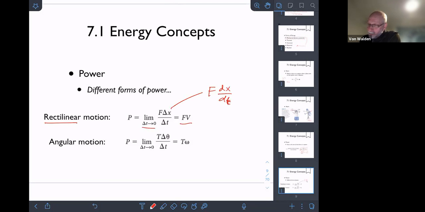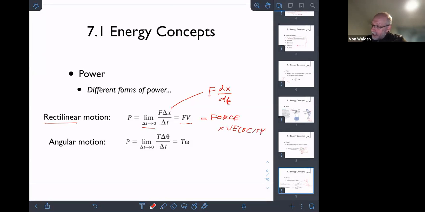So that's why we see here that the power in rectilinear motion, or just mechanical movement, or linear movement, is force times velocity. So this v is not volume; it's force times velocity.